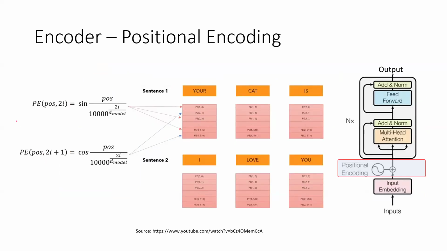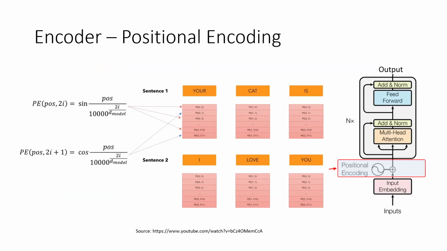Once the embedding is calculated, you have to add the positional encoding as we have discussed earlier, where we add the information related to the position, or the index, of each word in the sentence.